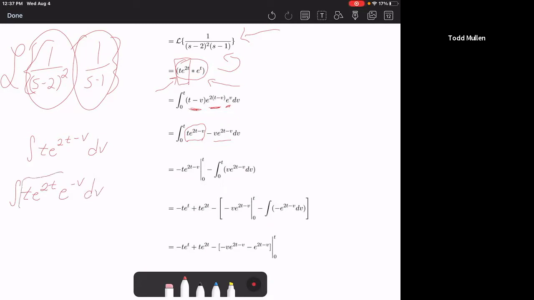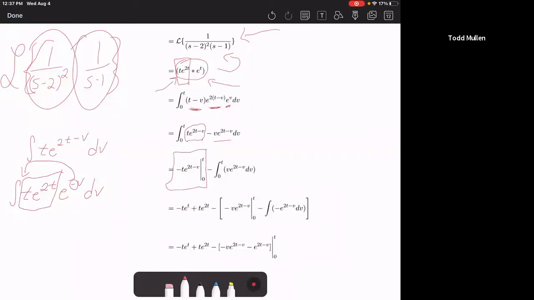And this whole t e to the 2t business is just a factor. So when we integrate that, all that happens is everything stays the same, but that negative comes out front. So that's how we get this first piece of the integral.